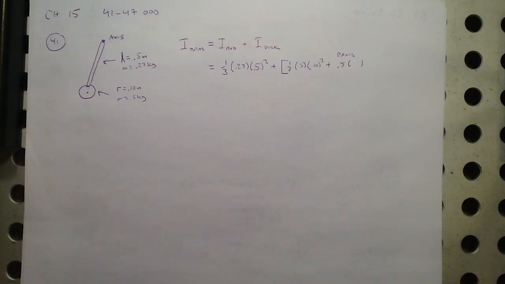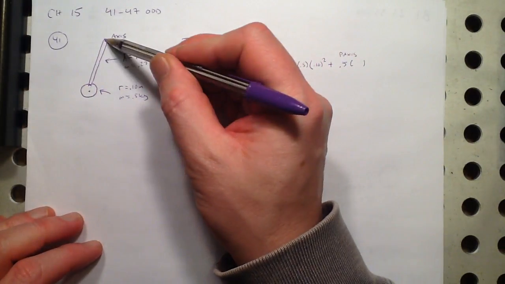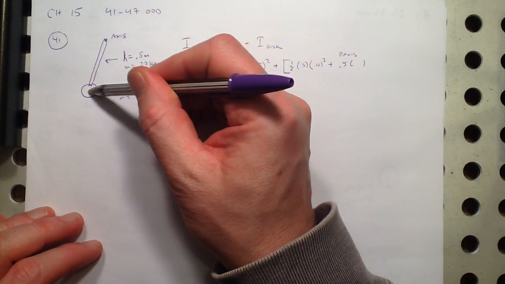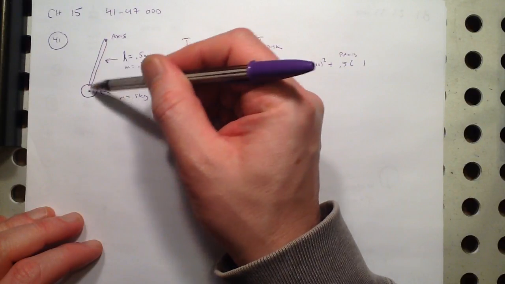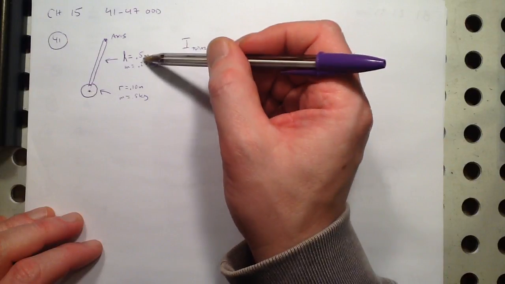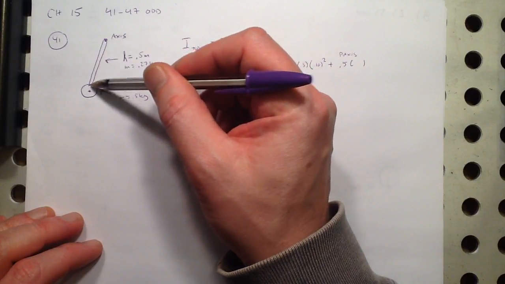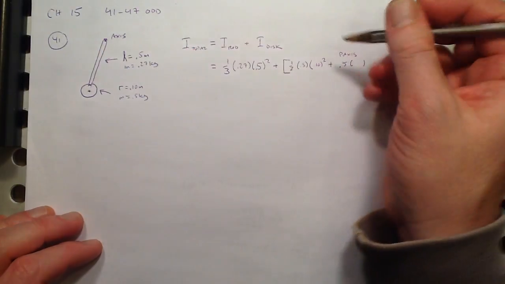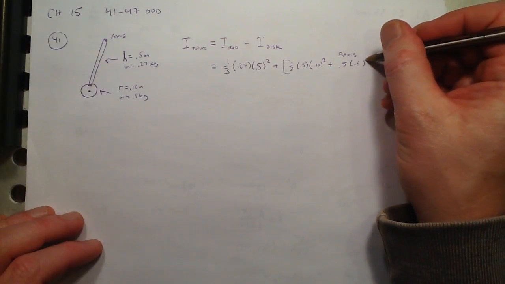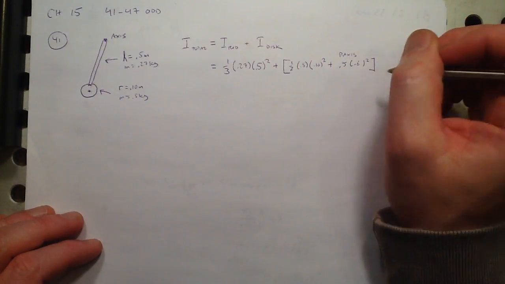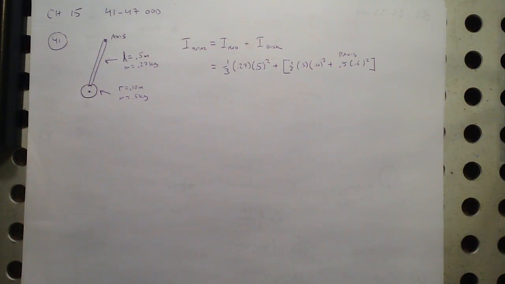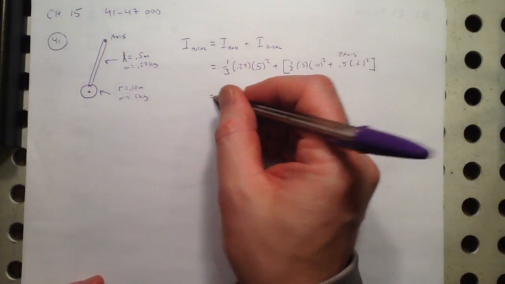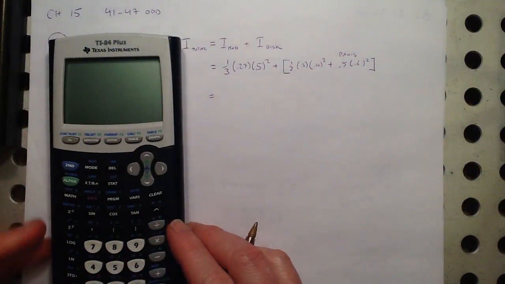So the center of mass is the center of the disk, and it's now not rotating about its center of mass. It's been shifted all the way this far from the axis. So that's 0.5 plus another 0.1. So that's 0.6 squared. And we run that calculation here.